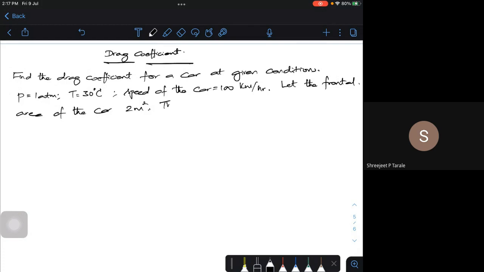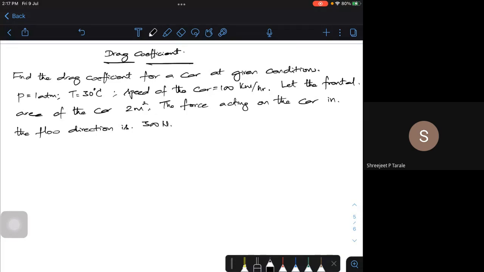The force acting on the car in the flow direction, I need to take this number, so let it be around 30 kgs or 300 newtons.